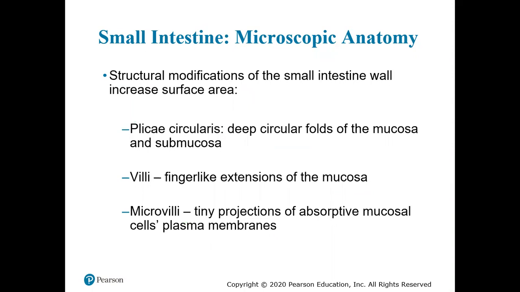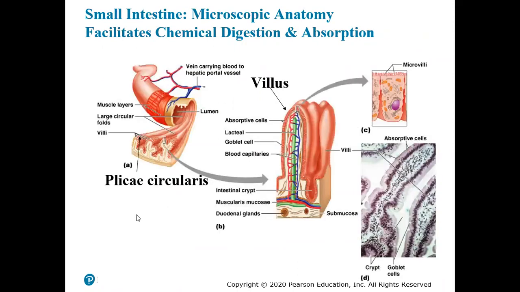So you should be familiar with these 3 modifications and what they look like and what their function is. So the plicae circularis are permanent folds because of the arrangement of the mucosa and submucosa. Its role is to slow the movement of chyme and allow for absorption of nutrients.